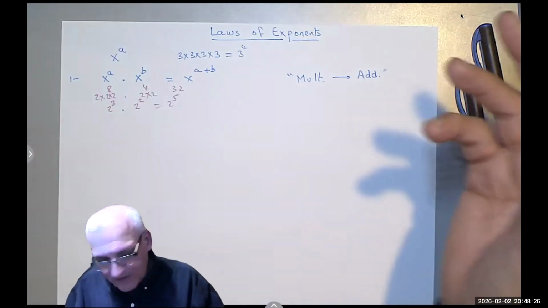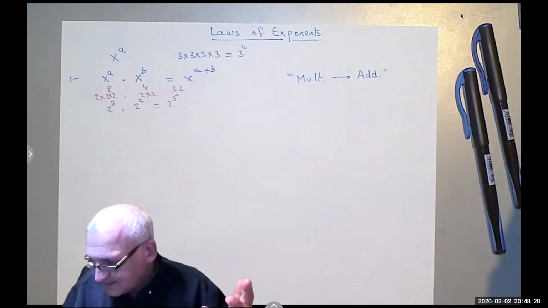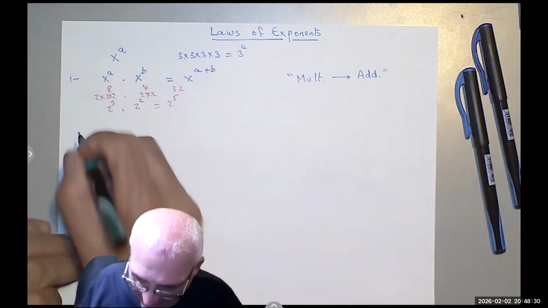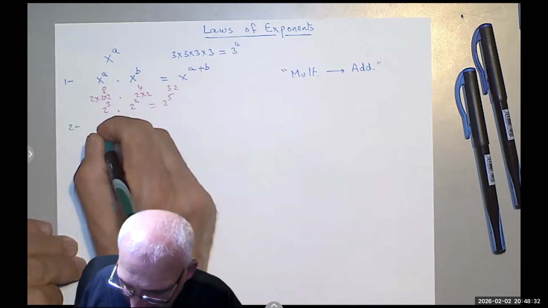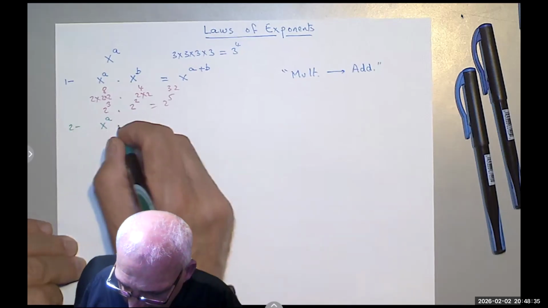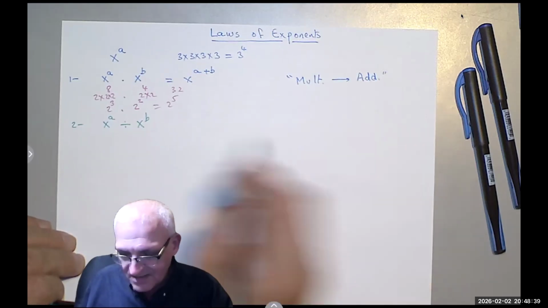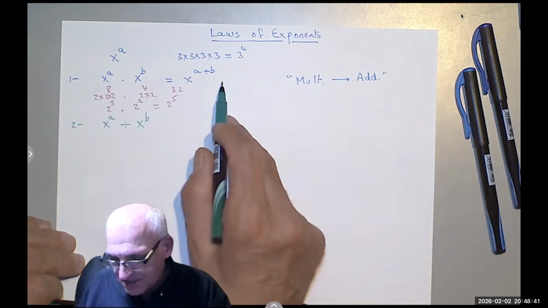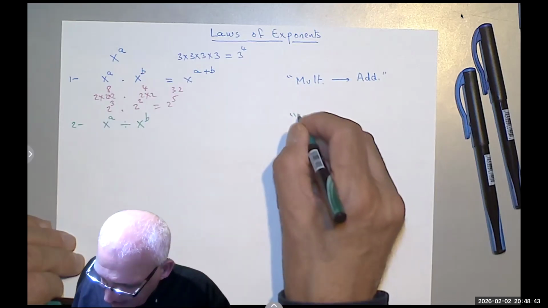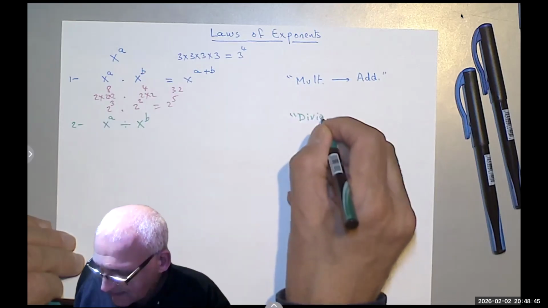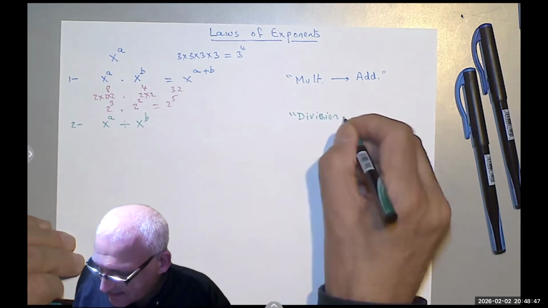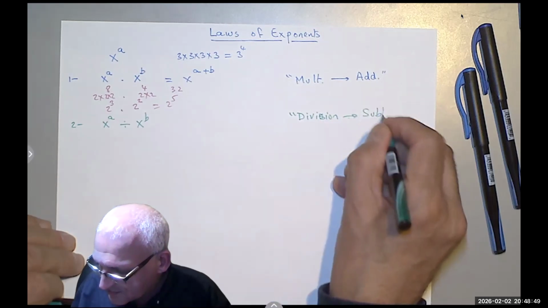Of course, you would answer before I ask. If I have x to the a and I divide it by x to the b, absolutely. Since the multiplication became addition, then the division would become subtraction. I'm going to write it without saying it.